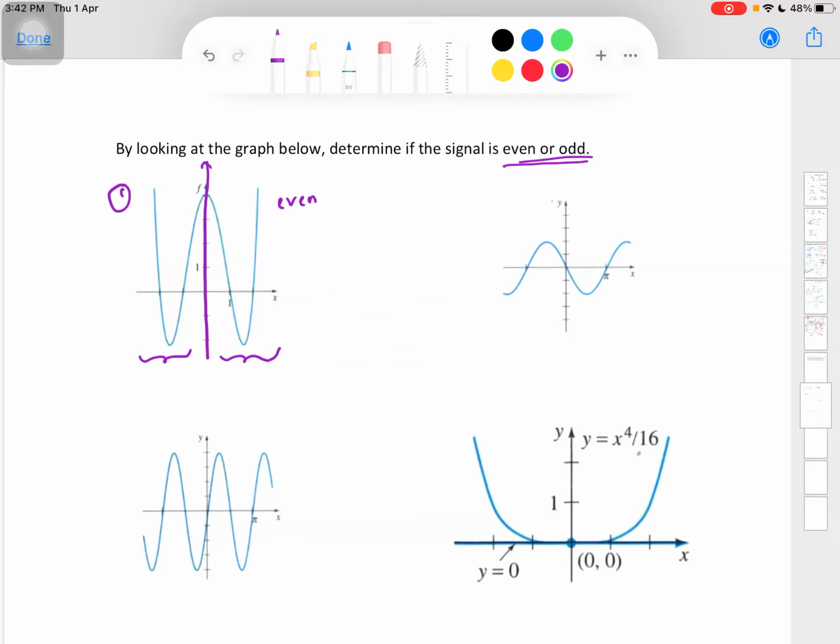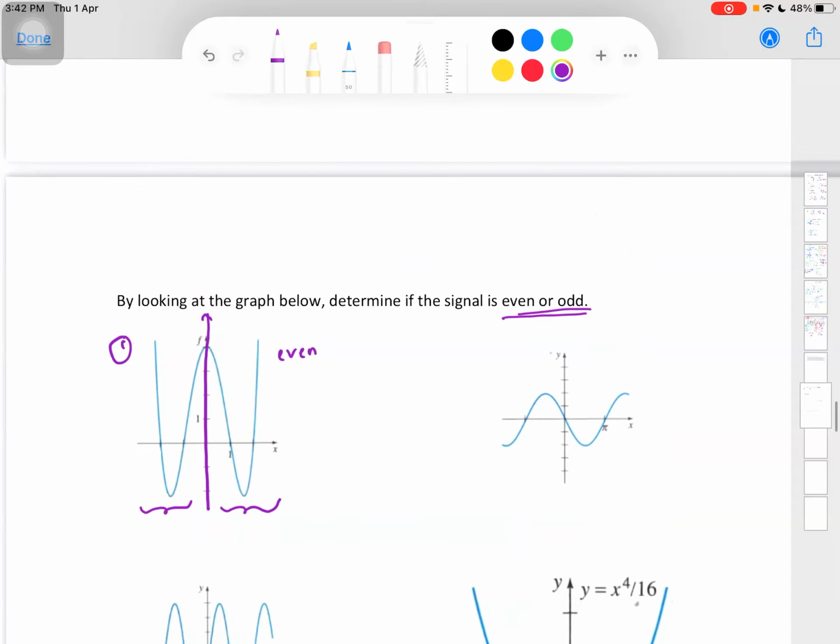If you recall, for an even signal, let me just write up here: a signal is even if and only if y of t equals y of minus t.